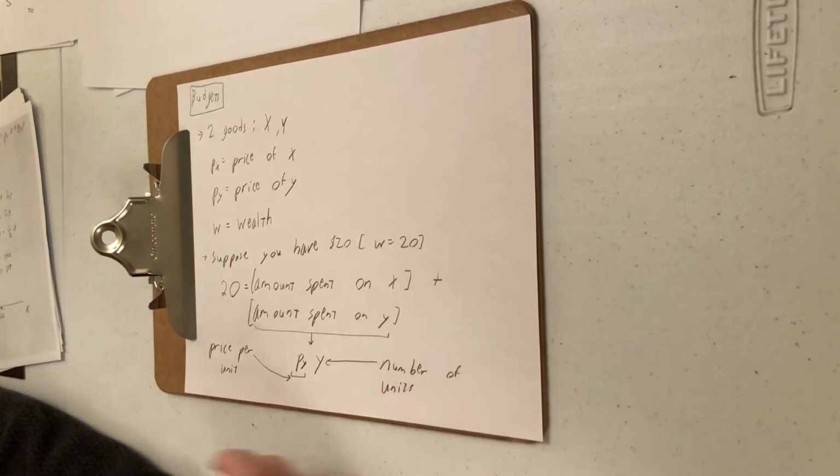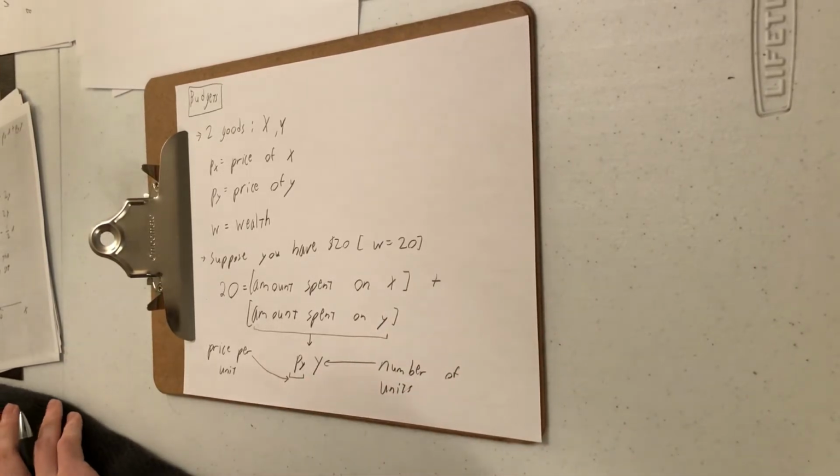So if the price of Y were 2, and you buy 3 units, 2 times 3 is 6, so you're spending $6.